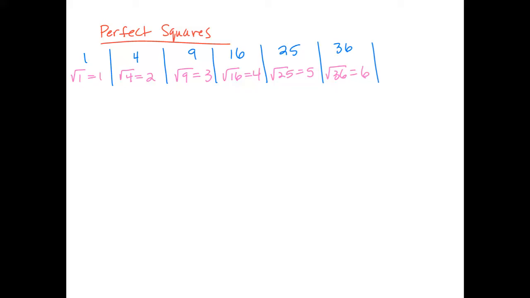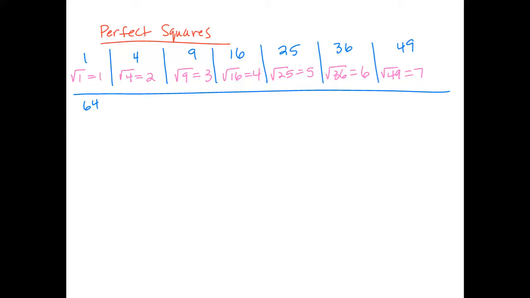What's our 7? 49. So the square root of 49 is 7. Okay. Then we have 8. What's 8 squared? 64. Good.